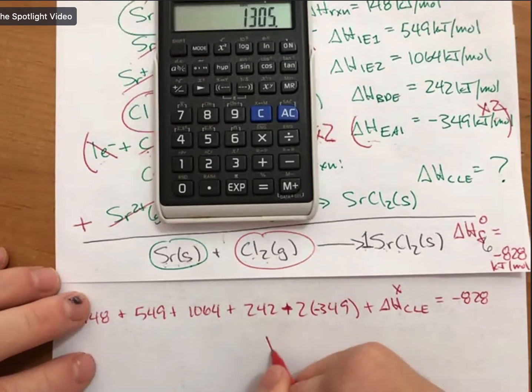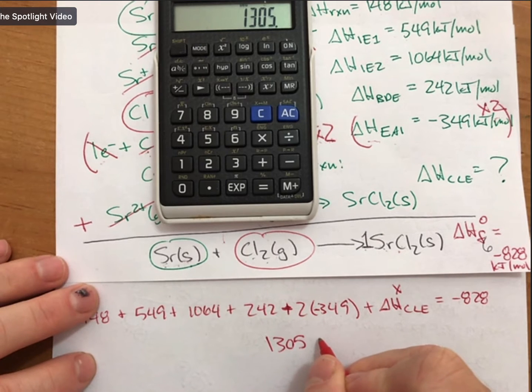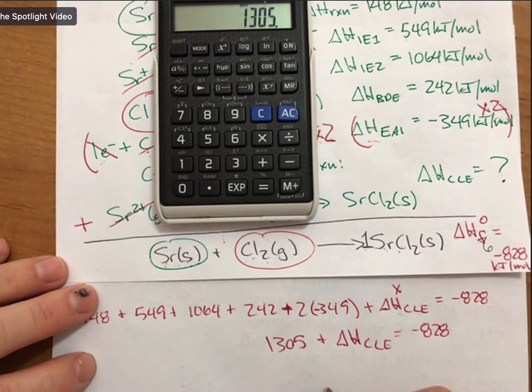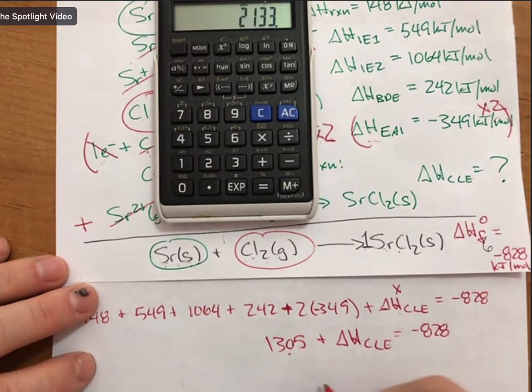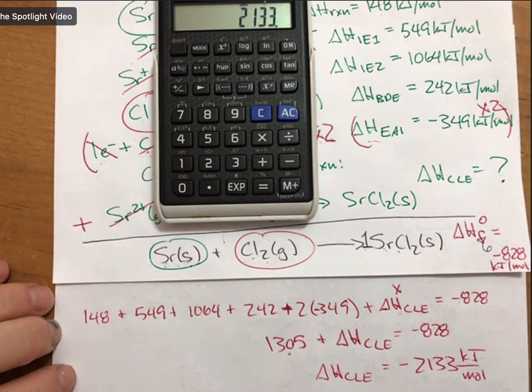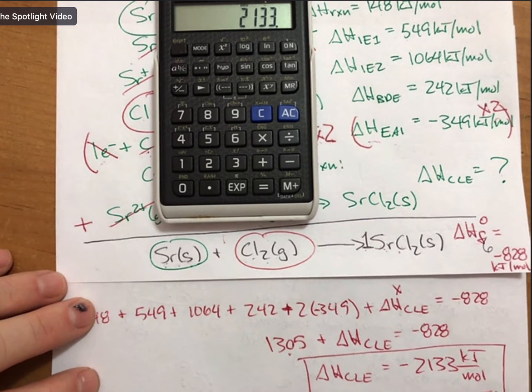So I get 1305 plus delta H crystal lattice energy equals minus 828. Flip this positive over to the other side, and I get that delta H CLE equals minus 2133 kilojoules per mole. And that is the answer that we're looking for.